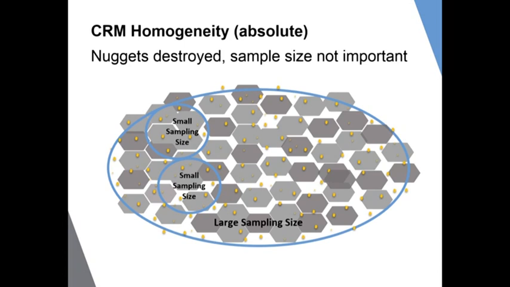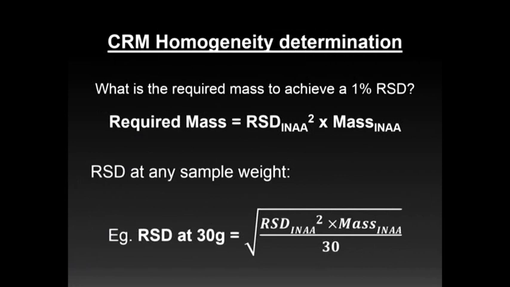And we do that at the Australian Nuclear Science and Technology Organisation, government agency in Lucas Heights. And there you can use this formula. This is from Ingamells and Switzer in the 1973 paper. The relationship between standard deviation and sample size. So at 30 grams, this formula here allows us to calculate what the sampling error will be.